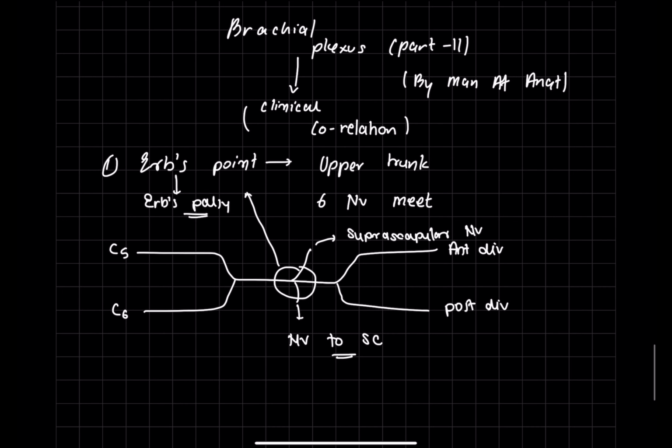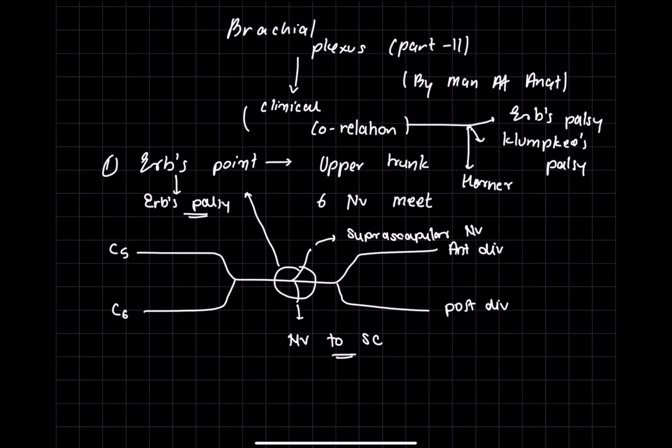In the clinical correlation, we are going to study 3 clinical anatomy topics associated with this: UBS palsy, Klumpke's paralysis or palsy, and Horner syndrome.